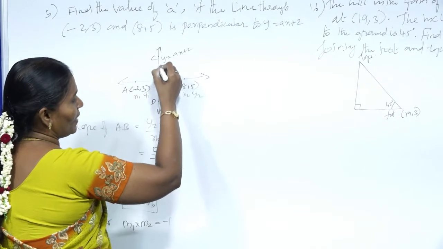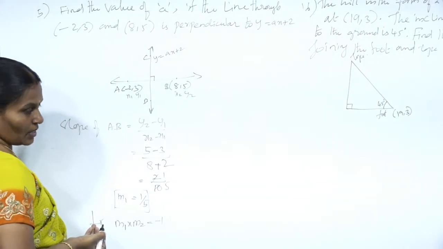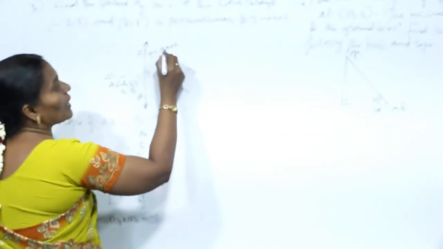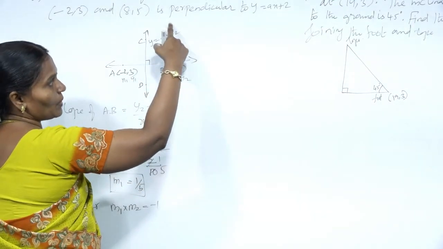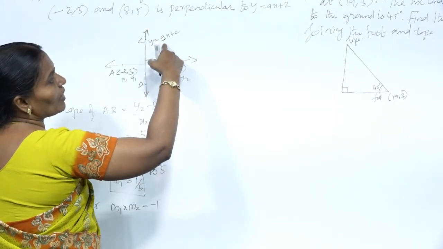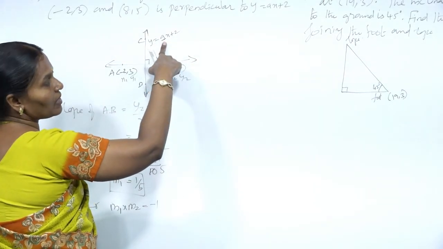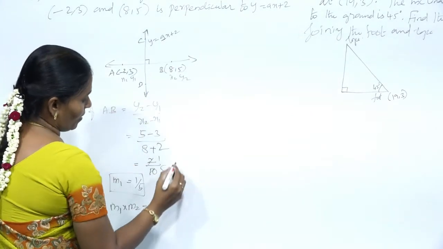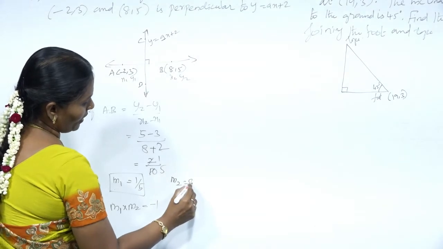See this line, equation of this CD, that is y is equal to ax plus 2. So here the coefficient of x is the slope, isn't it? So what is the form? y is equal to mx plus c. So here you equate that the coefficient of x is the slope. Here what is the coefficient of x? a. So that is the slope. So you consider m2 is equal to a.